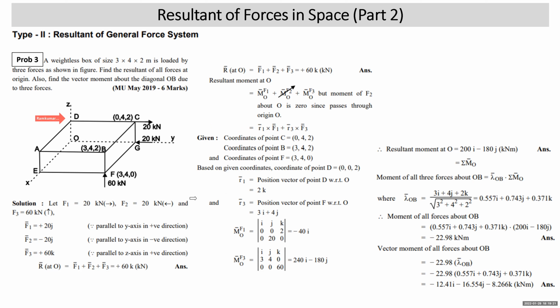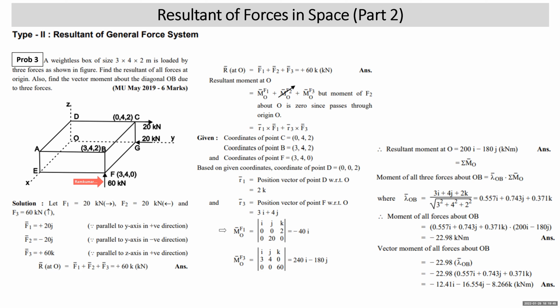R1 bar is the position vector of D with respect to O. So that is 2K. R3 bar is the position vector. For this force, you have the option of taking F or B. For force F3, you have 2 points on its line of action, that is F and B. F has 2 coordinates, B has 3 coordinates, so we'll prefer F. So R3 bar is the position vector of F with respect to O, that is 3I plus 4J.